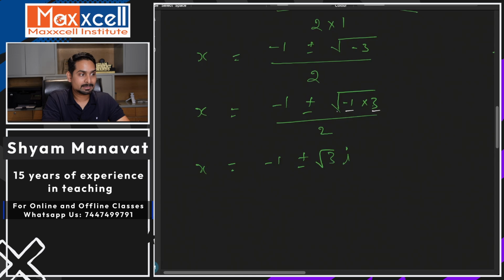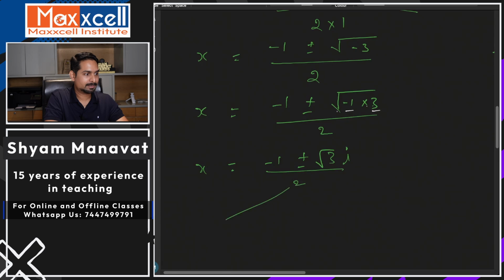So root of minus 1 and root of 3. Root of 3 as it is, you cannot get the integer value of root of 3, so let me write as it is. Root of minus 1 becomes i. Divide by 2 also as it is.